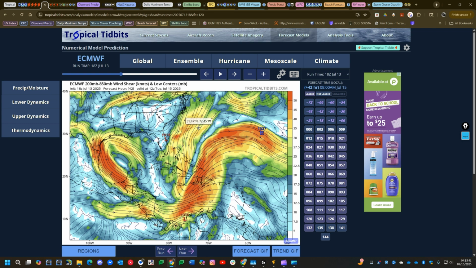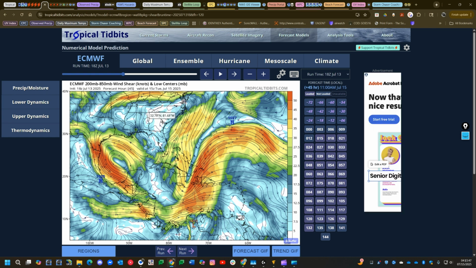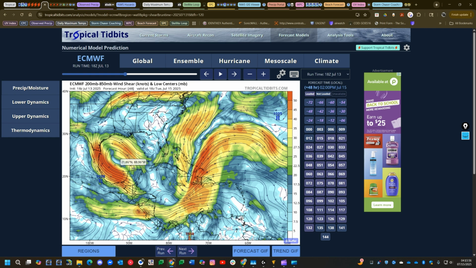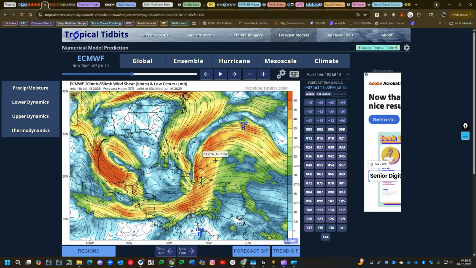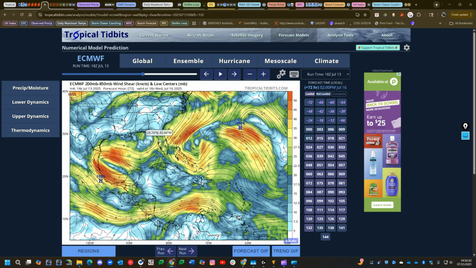You have some northerly flow right over top of it, and a high pressure system driving it with an upper level low. See the flow here, with a really small high pressure cell to the south. You can see the system is kind of pushed. There's not a lot of room for the system to really develop.